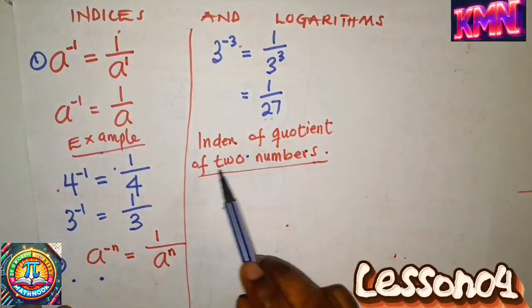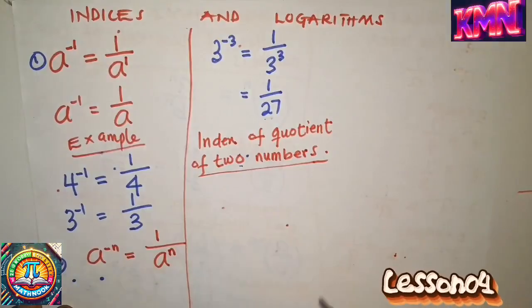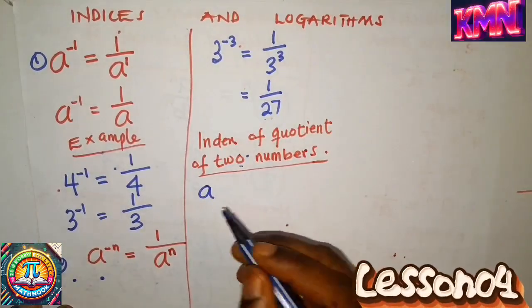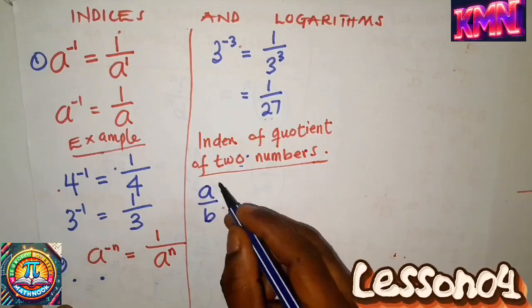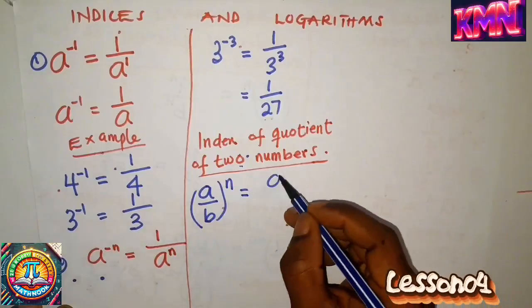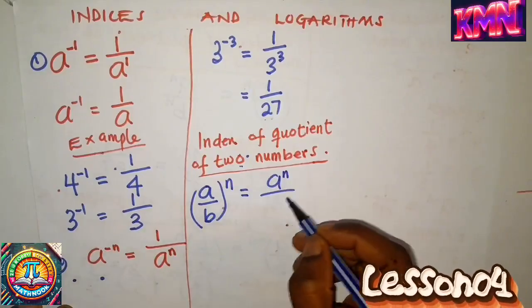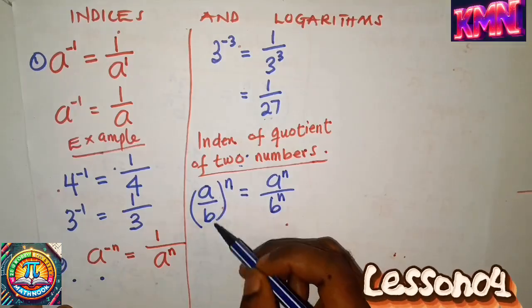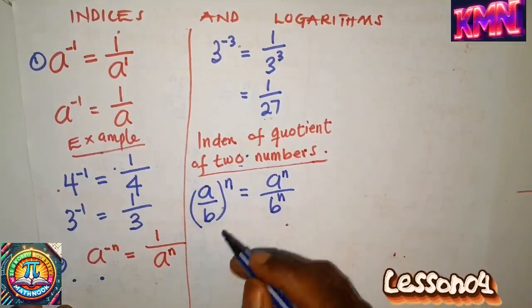The next thing is index of quotient of two numbers. This says that if you have a number a on another number b to the exponent n, then we can write this as a exponent n on b exponent n. So that means you are going to apply the index on both the numerator and denominator.